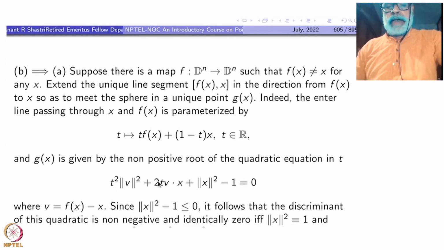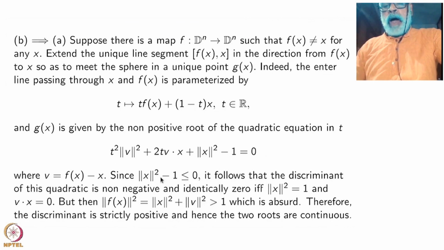You can just check that when you take the norm of this function, write it in terms of fx minus x, t times this and so on, what you get is this one. Here t is the variable, x is fixed, therefore fx is fixed, therefore v is fixed. So this is a quadratic with coefficients norm v square, twice v dot x, and the constant term is norm x square minus 1.